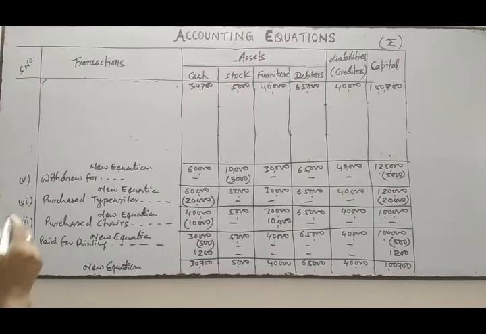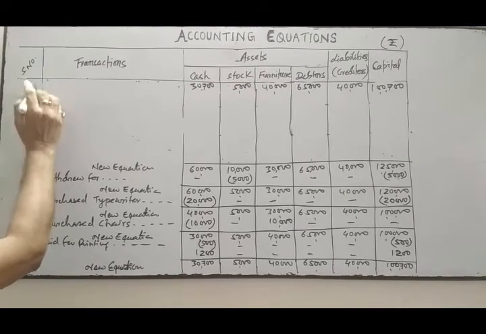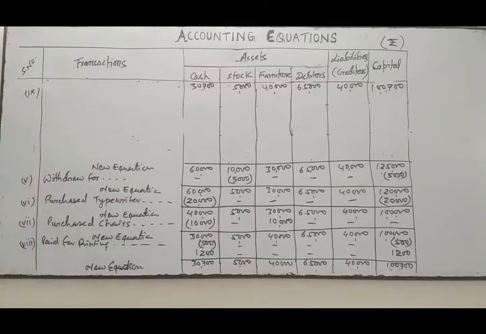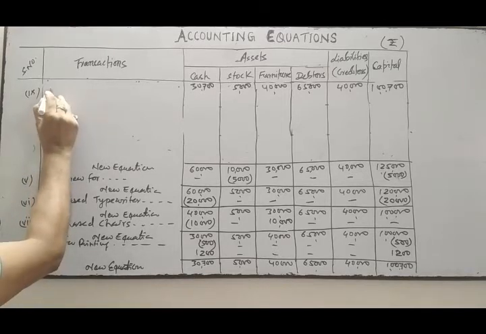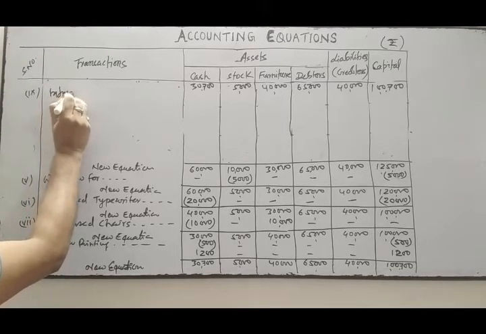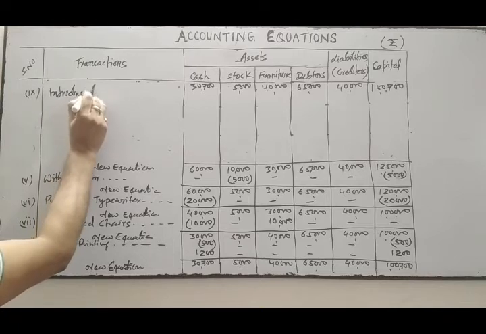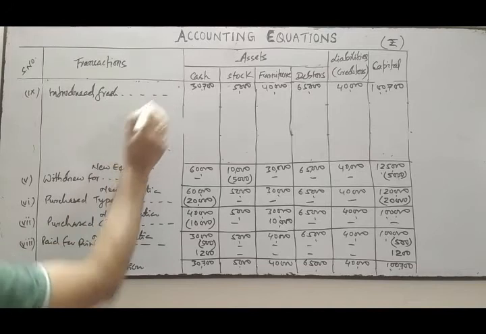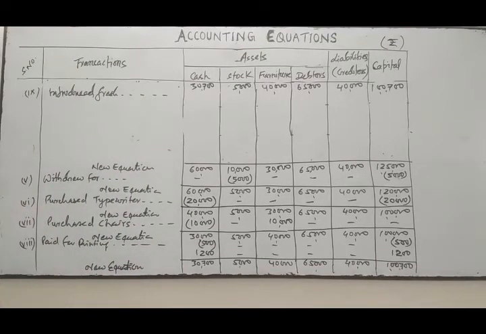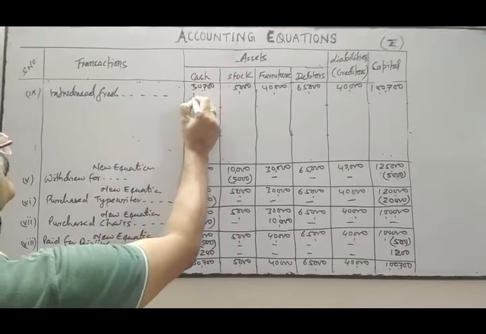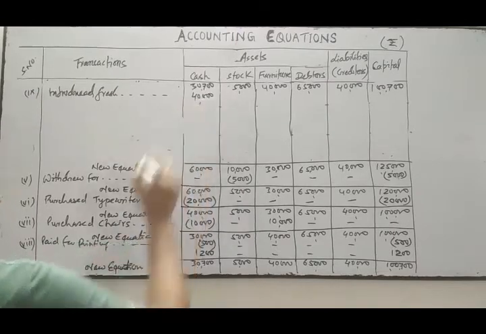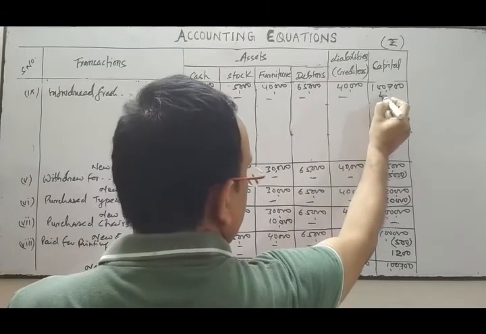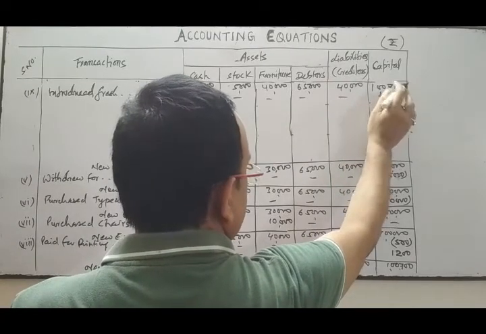Now see, transaction number 9. After 8, transaction number 9 is introduced: fresh capital. How much capital is introduced? Fresh capital 40,000. The 40,000 will be added in the cash column. Cash will increase and your capital will increase by 40,000.